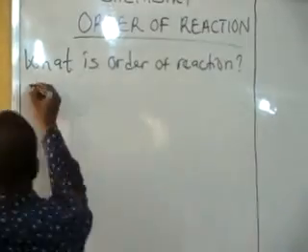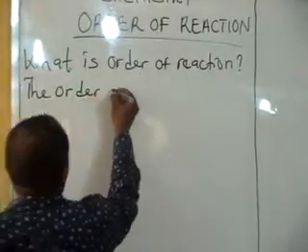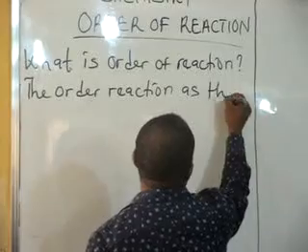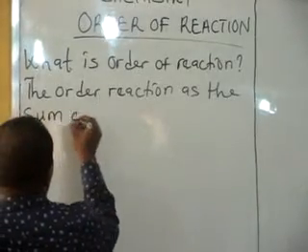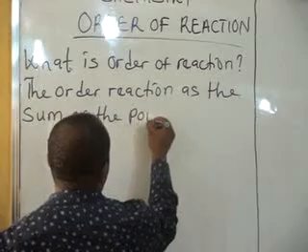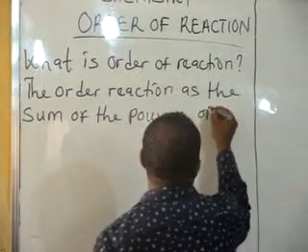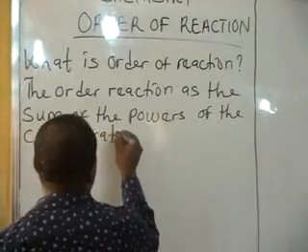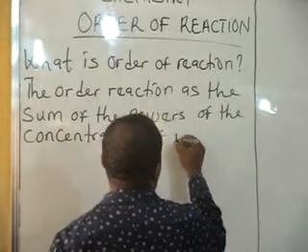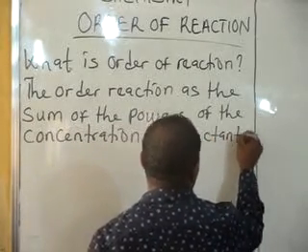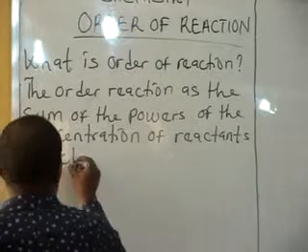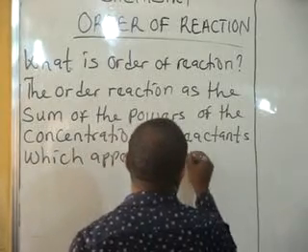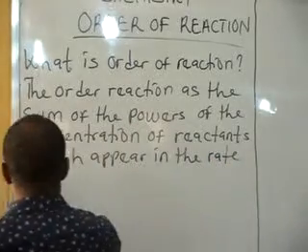Now, the order of reaction can be defined as the sum of the power of the concentration of reactant which appear in the rate equation.